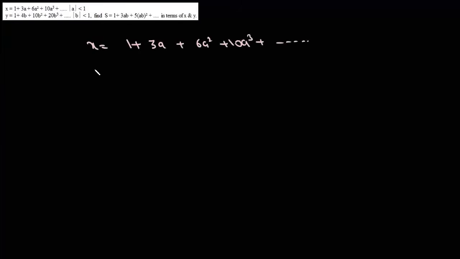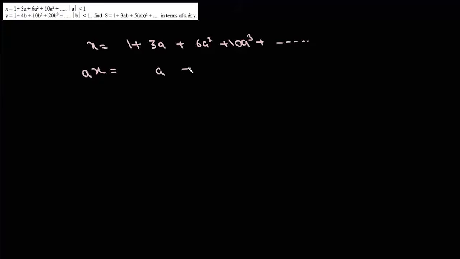Now here the question is, we are given two series and we have to find the sum of this third series, which is 1 plus 3ab plus 5ab square up to infinite. Now this x is 1 plus 3a plus 6a square plus 10a cube up to infinite. What we'll do is, we'll write this series again and we'll multiply every term with a, and we'll displace this term by 1.